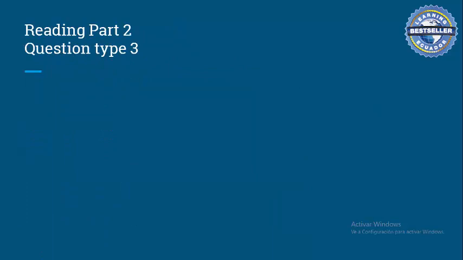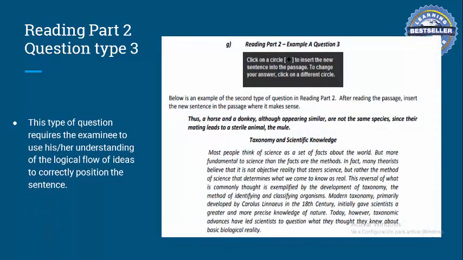Question type 3 for reading part 2. This type of question requires the examinee to use his or her understanding of the logical flow of ideas to correctly position the sentence. So here is an example of the third type of question in reading part 2. After reading the passage, you have to insert a new sentence in the passage where it makes sense.